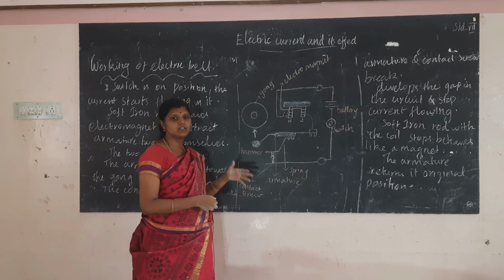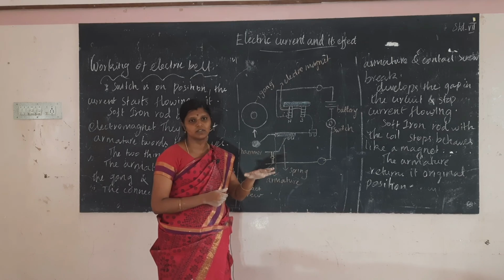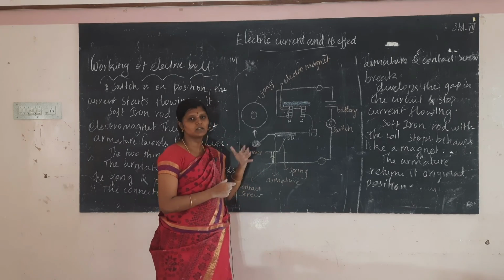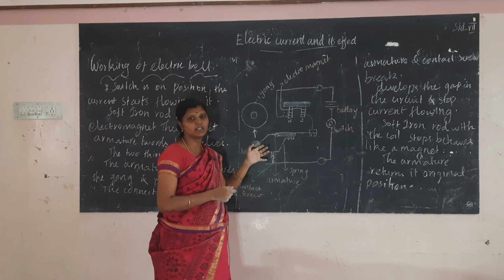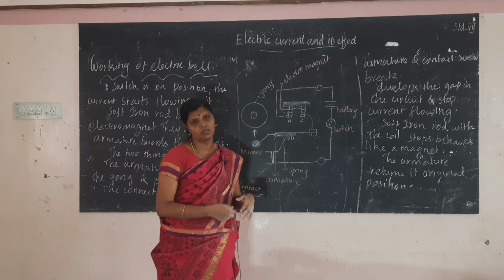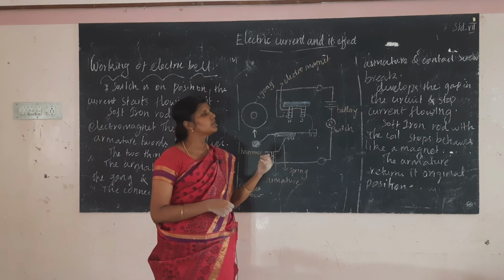When the switch is off, the current stops, the soft iron rod stops behaving like a magnet, and the armature returns to its original position. When the switch is on, the process repeats again. This is the working of the electric bell.